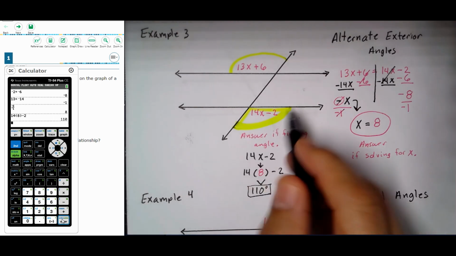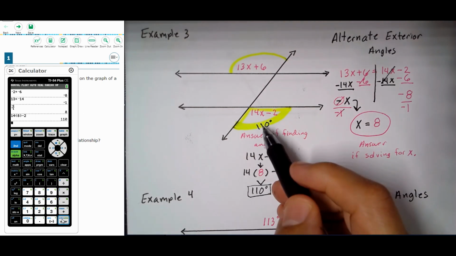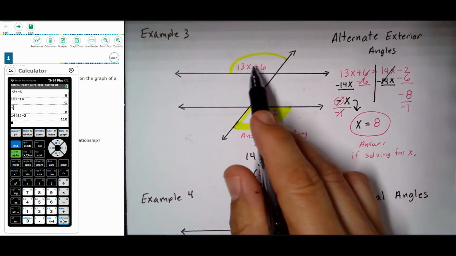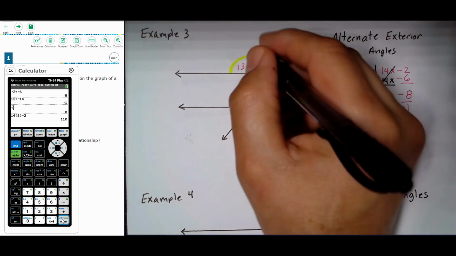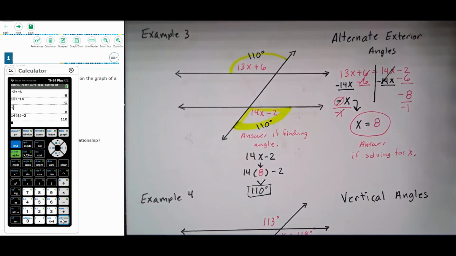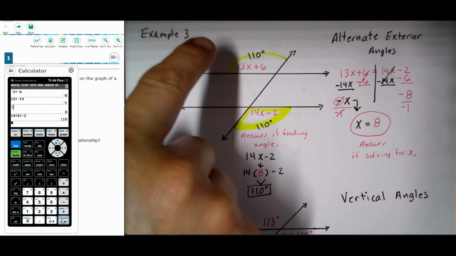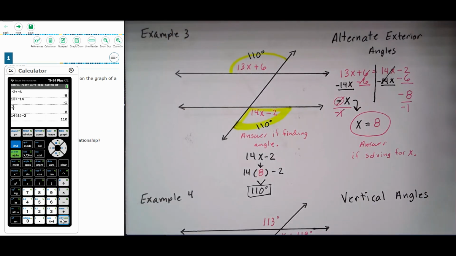So this angle right here is 110 degrees. That also means, since these are alternate exterior angles, that this angle is 110 degrees. So by substituting into that expression, we have now found that the angle on either side is 110 degrees. So now let's do a different definition.